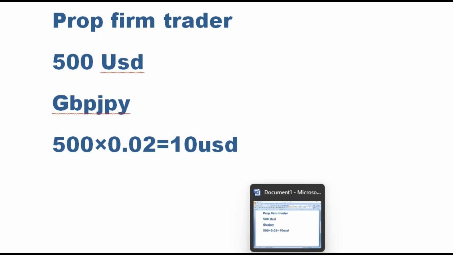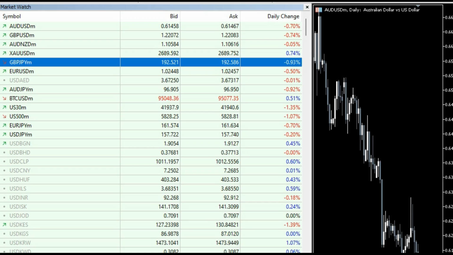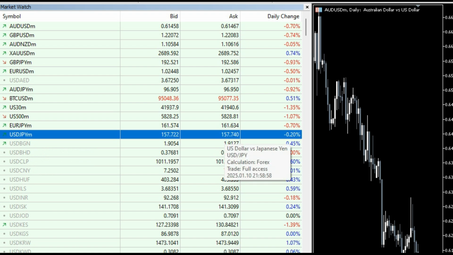Let's go down to the MT4, MT5 trading platform to look at the exchange rate of USDJPY. The current exchange rate at the ask price, which is what you look at when you want to convert, is 157.740.